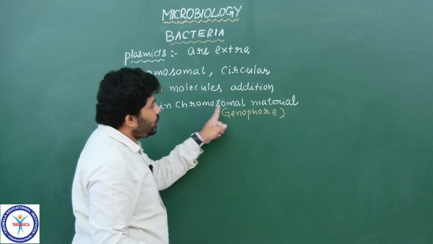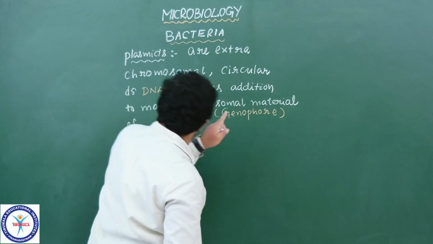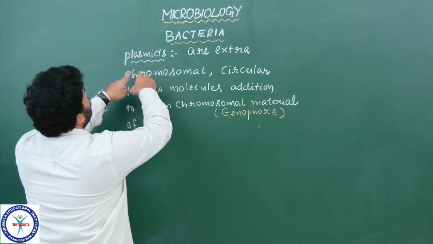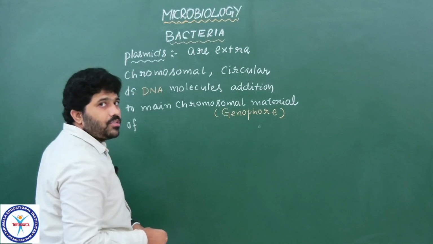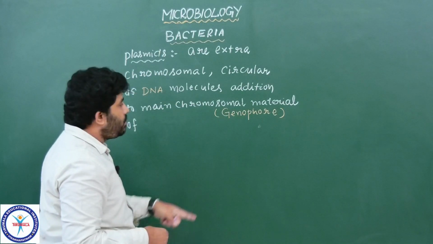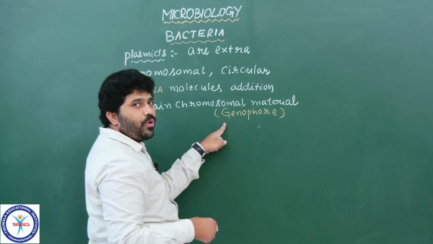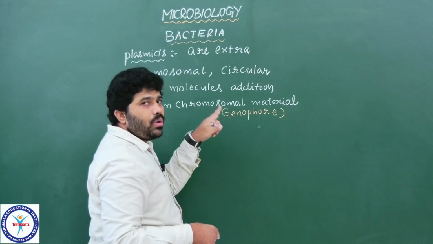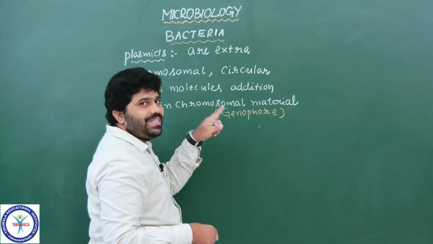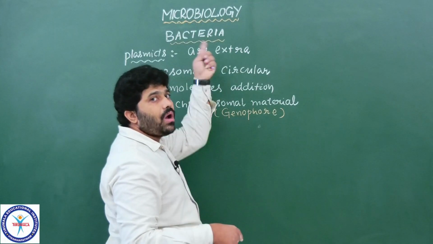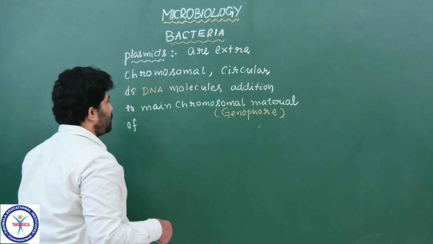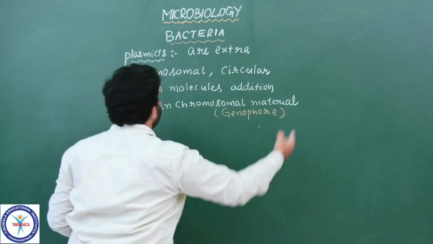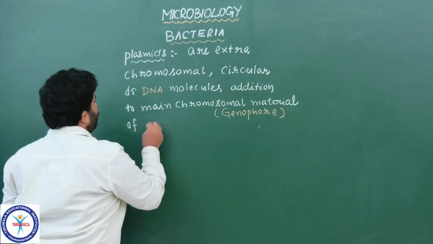Additional chromosomal material is present along with it: some other circular extra chromosomal dsDNA molecules. Those are called plasmids. So this is DNA in addition to the main chromosomal material of bacteria.